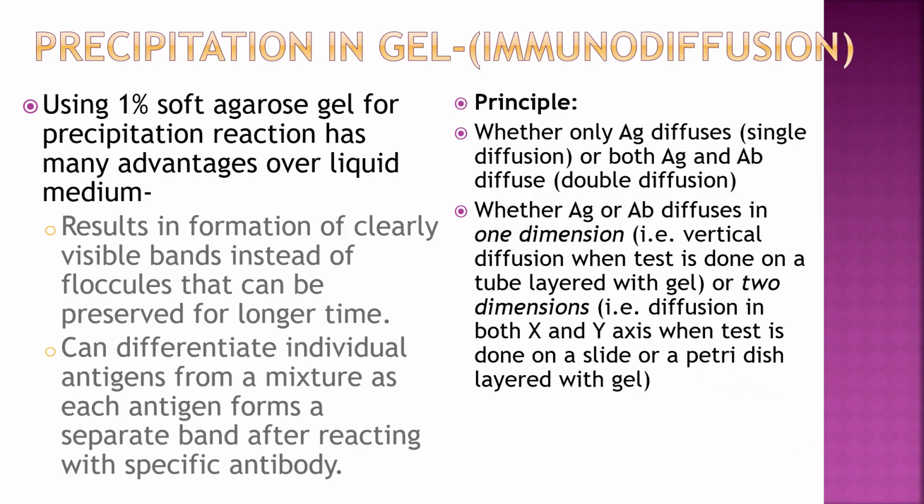Principle: whether only antigen diffuses, single diffusion, or both antigen and antibody diffuse, double diffusion. Whether antigen or antibody diffuses in one dimension, that is vertical diffusion, when the test is done in a tube layered with gel. Two-dimension diffusion, in both x and y axes, is when the test is done on a slide or petri dish layered with the gel.